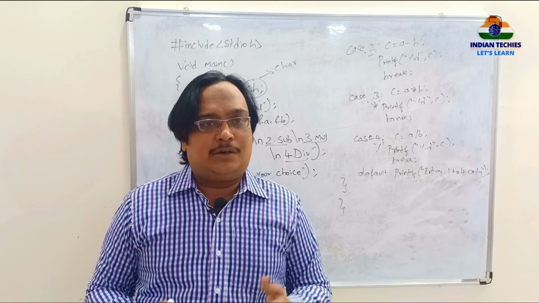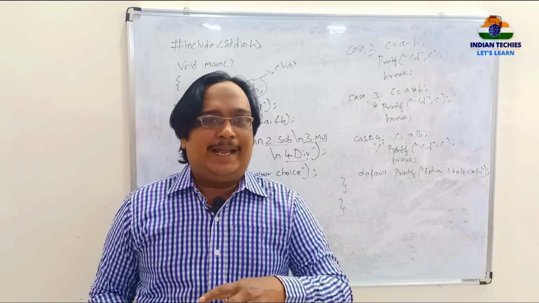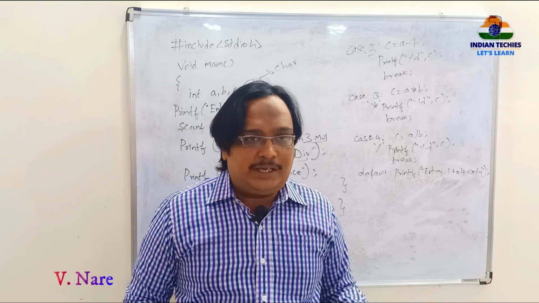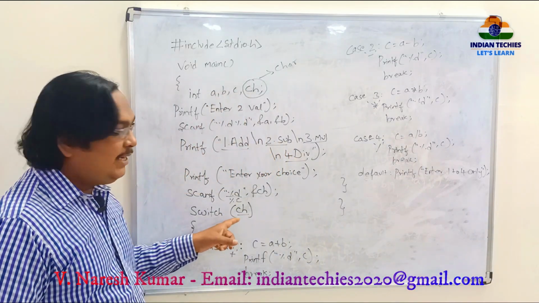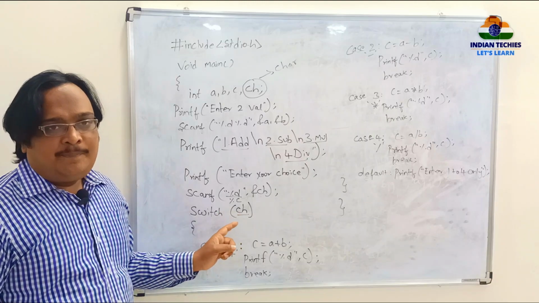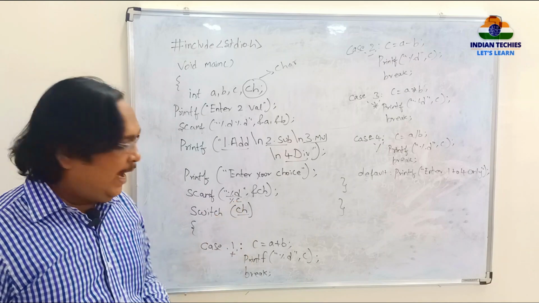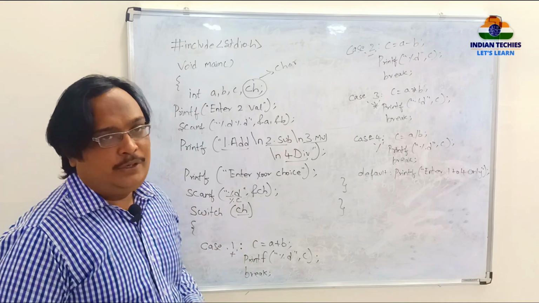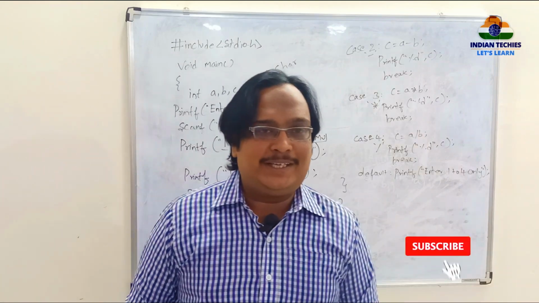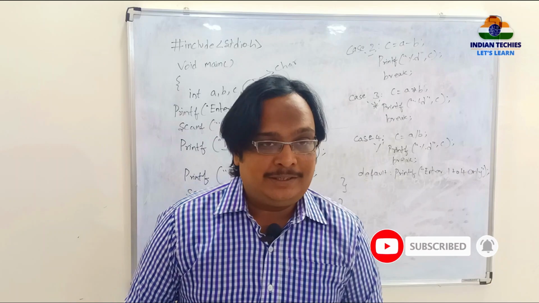It may be called a rounded-off value, floor or ceil value. That's why we eliminate the different possibilities of float and double, and we use only integer or character as the constants or inputs accepted by the switch statement. Right? Hope you understood what a switch statement is, under selection statements, which come under control statements.